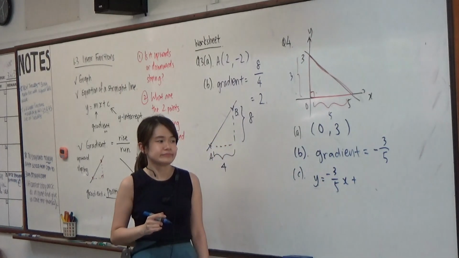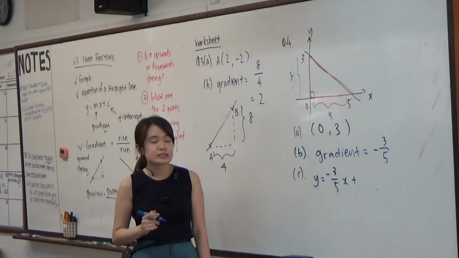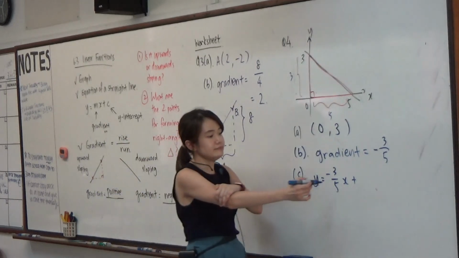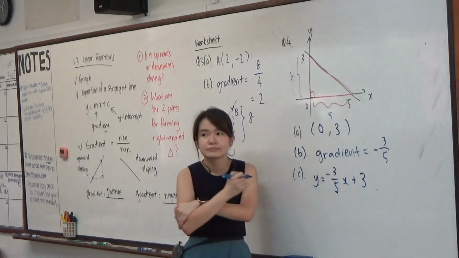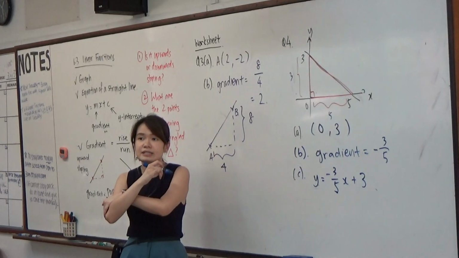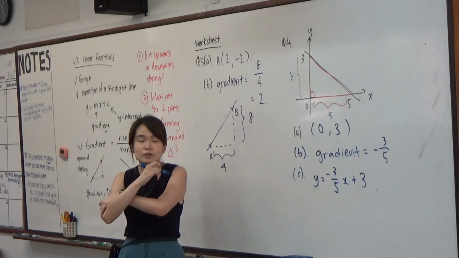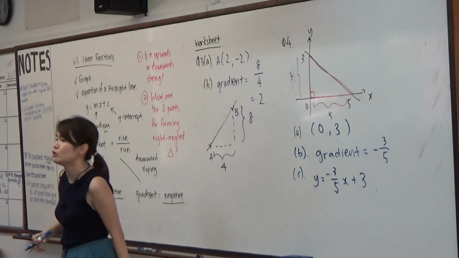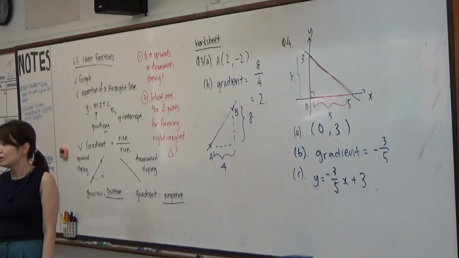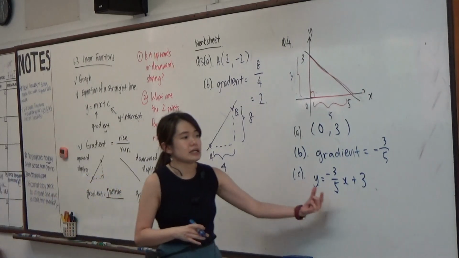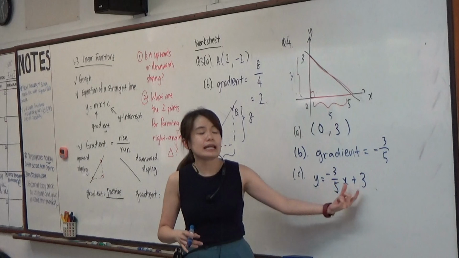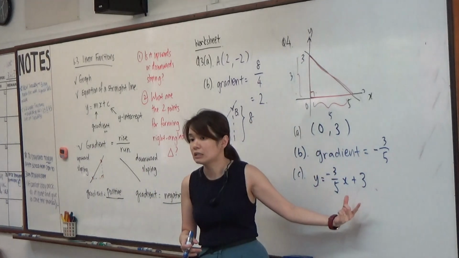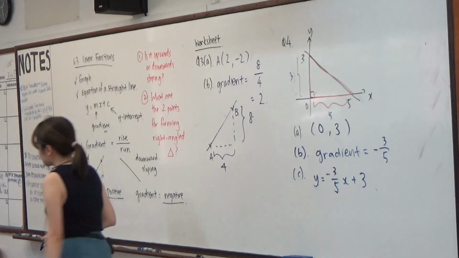Y equals mx plus c. Plus 3. Thank you. Have a seat. Do you agree with this? Marcus gave y equals negative 3/5x plus 3. Agree? So yes, the gradient is negative 3/5. And then the y-intercept, we know that the value is 3, so that's why we put a plus 3 over here. And so that will be the answer.